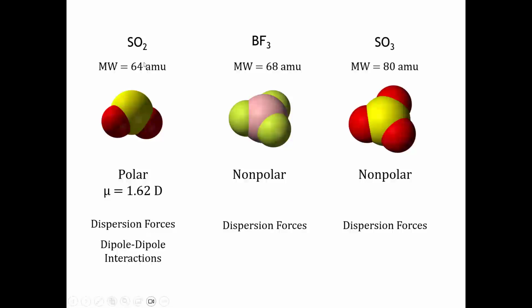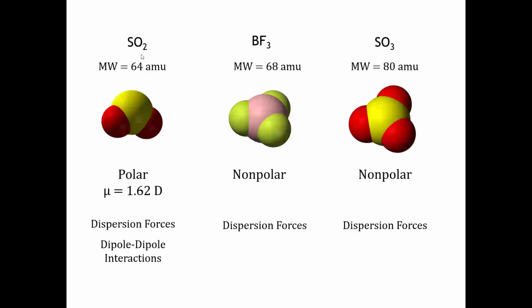We definitely would predict that SO2 should have stronger intermolecular forces and a higher boiling point than BF3, because the dispersion forces should be comparable since the molecular weights are similar, and this one is polar and this one nonpolar. But then when comparing SO2 to SO3, we're in that gray area again. I probably would guess that the molecular weights aren't that different, so probably SO2 is going to be a little bit higher boiling point than SO3.